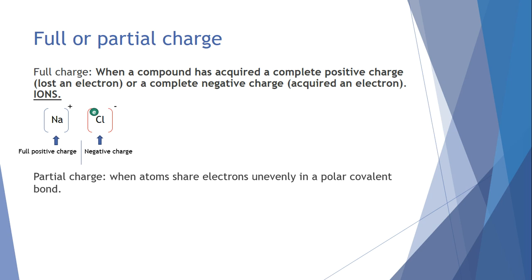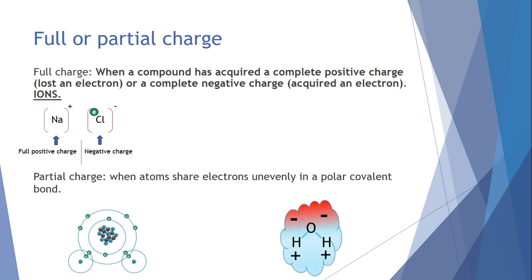Partial charges then. Well, these arise in our dipoles when we have polar covalent bonding going on. Remember the water molecule model we drew? We can also make it like this with the electron cloud, with areas of high electron density and low electron density.